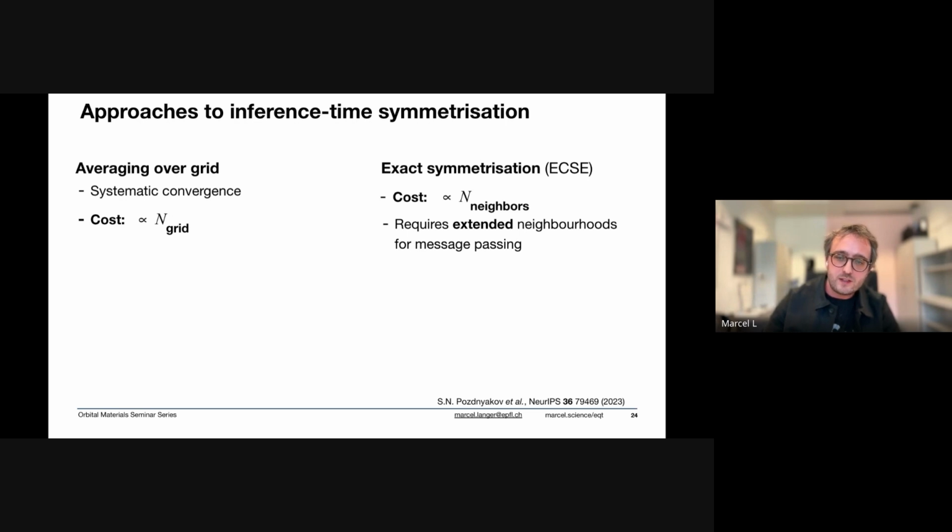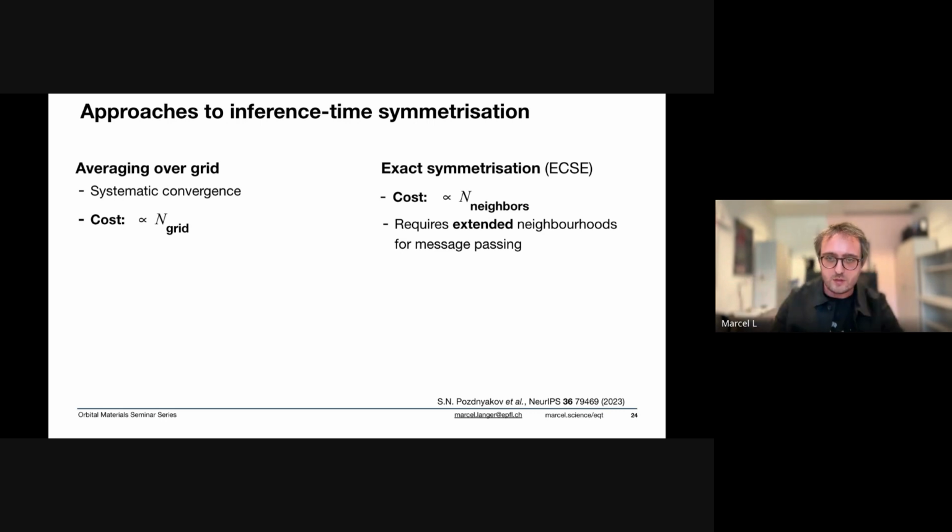And the reason why we didn't use it for this paper is that you need to take into account all neighbors, including the ones that are only seen implicitly via message passing. So this leads to very large effective cutoff radii and very large computational cost. But this would be a very useful tool, for example, for an Allegro-style local model, where one just has finite or small neighborhoods.